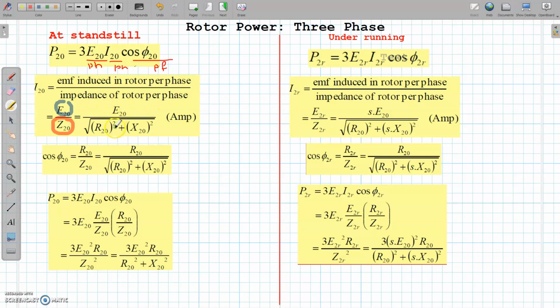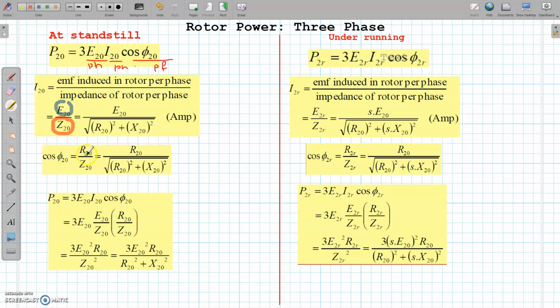Impedance is equal to the square root of resistance squared plus reactance squared. The rotor resistance is R20, where 0 indicates standstill, and X20 is the rotor reactance under standstill condition per phase. So I20 is E20 upon the square root of R20 squared plus X20 squared. It is R plus jXL; I am considering only the magnitude here because I want the magnitude of the current.